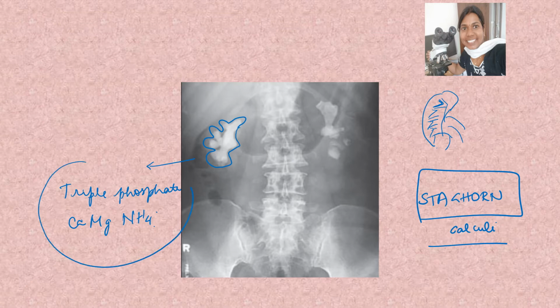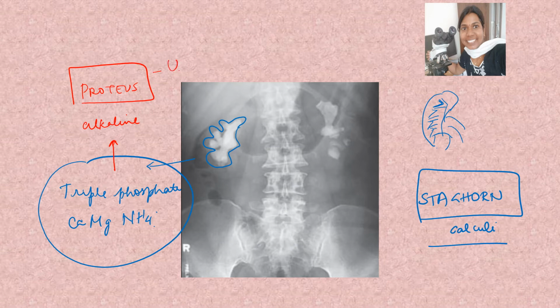So there is one particular special feature about this calculi. What is that? So most of the calculi form in an acidic urine, whereas triple phosphate forms in an alkaline urine. Why? Because this is usually associated with infection by Proteus. Okay, so if you have learnt in microbiology, you all must go and read about Proteus today.